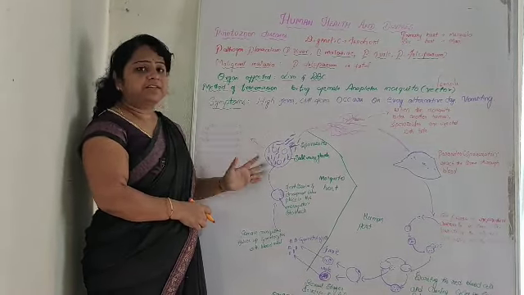Let me know the life cycle. It means the life cycle includes how the parasite is completed, that is the alternation of generations, the sexual stage and the asexual stage, completed in two hosts. How it transmits the Plasmodium vivax disease, let me know by observing this chart, a schematic representation.